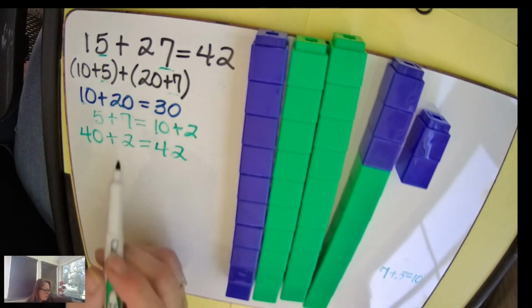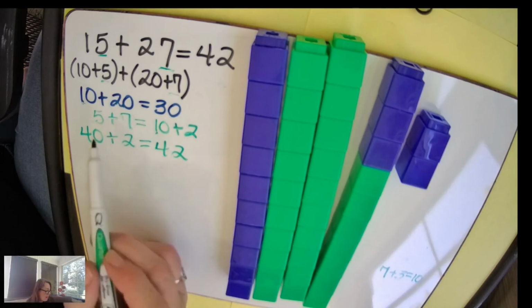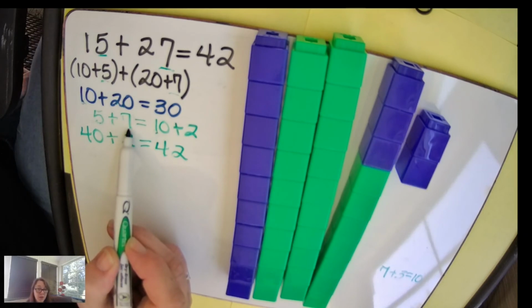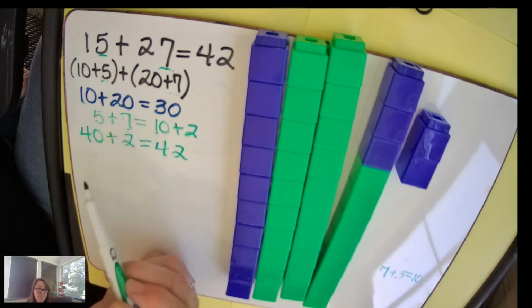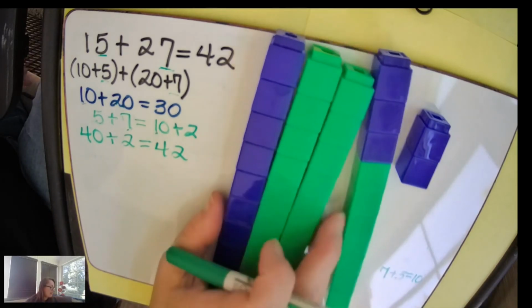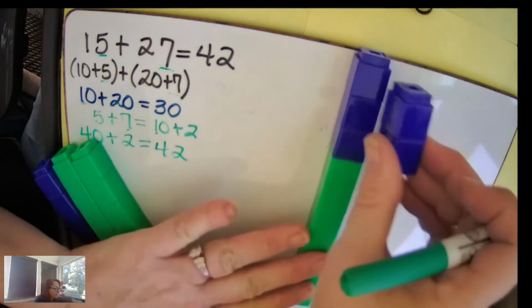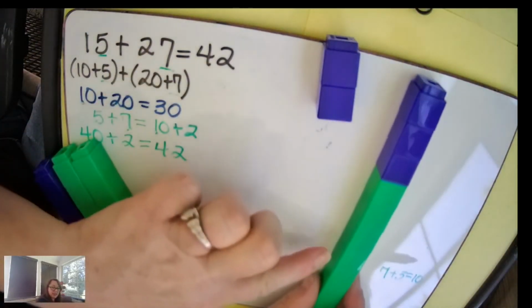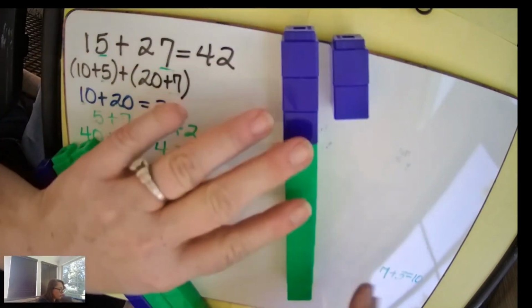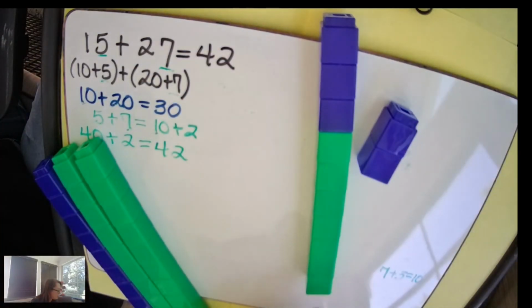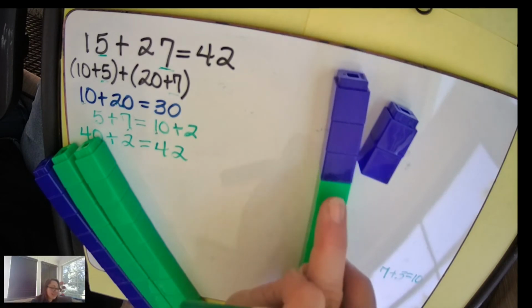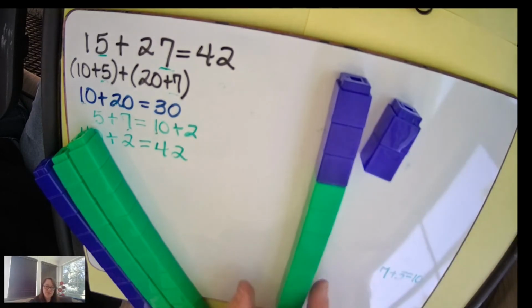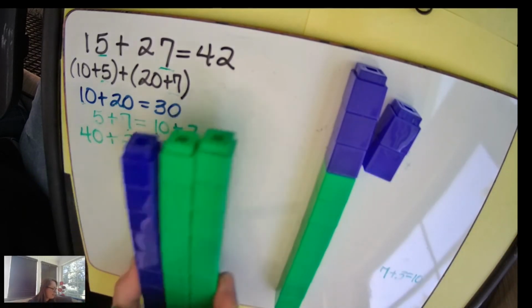Madison, do you see that where is the 5 plus 7 equals 12? Yes, this is the 5 plus 7 equals 12. 1, 2, 3, 4, 5, 6, 7, 8, 9, 10, 11, 12. Very good.